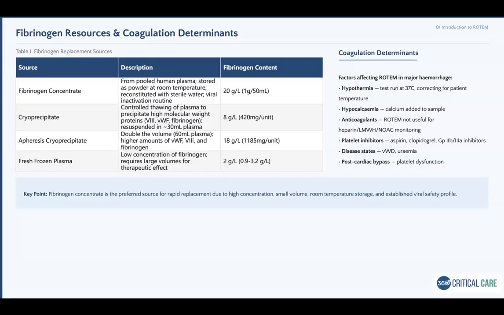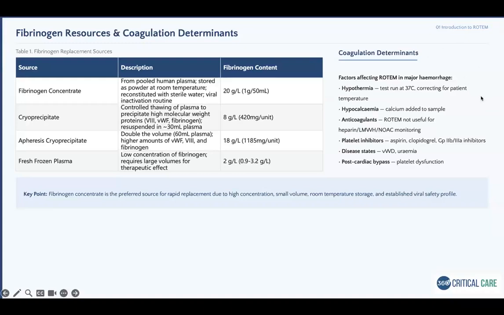If the patient is on some oral anticoagulation, then Rotem is not helpful. Whether they are on a NOAC, in that case, you may find a normal Rotem, but the patient may be bleeding. Also, patients who are on antiplatelets or platelet inhibitors such as aspirin, clopidogrel, or GP2B3A inhibitors, in those cases, you cannot interpret their effect in the Rotem. So if the bleeding is because of antiplatelet, it will not be evident on a Rotem.